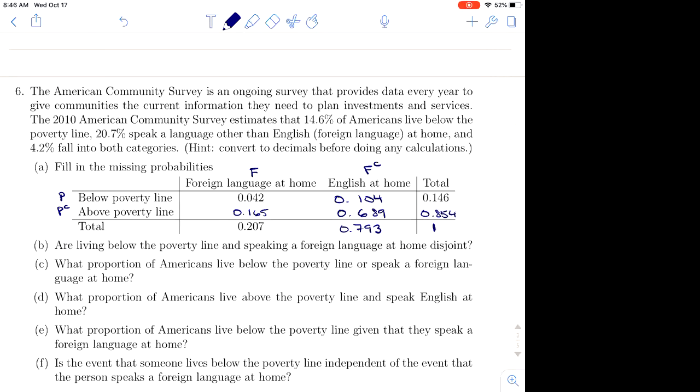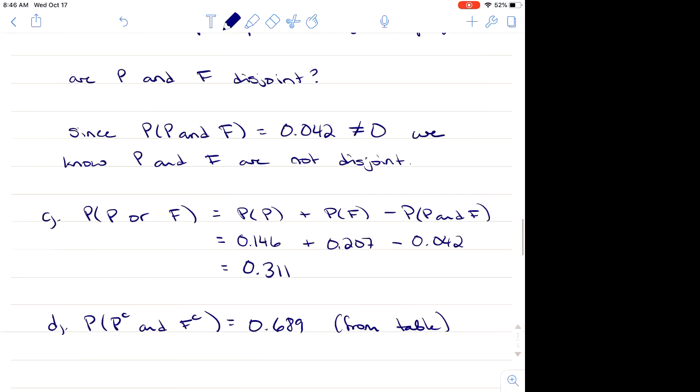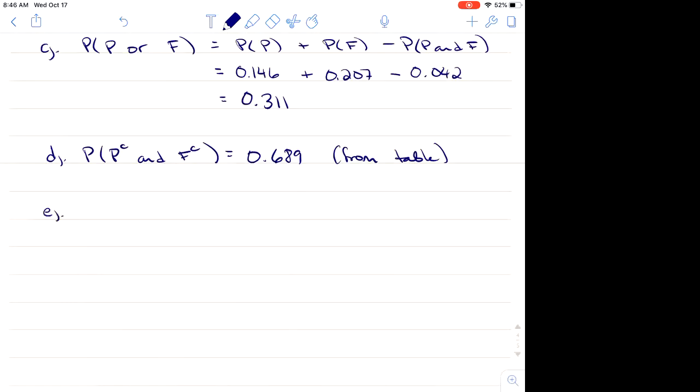So, for E, we're asked to find the probability of living below the poverty line, given that they speak a foreign language at home. Okay. Which is going to be 0.042 divided by 0.207 if you're just looking at the table.